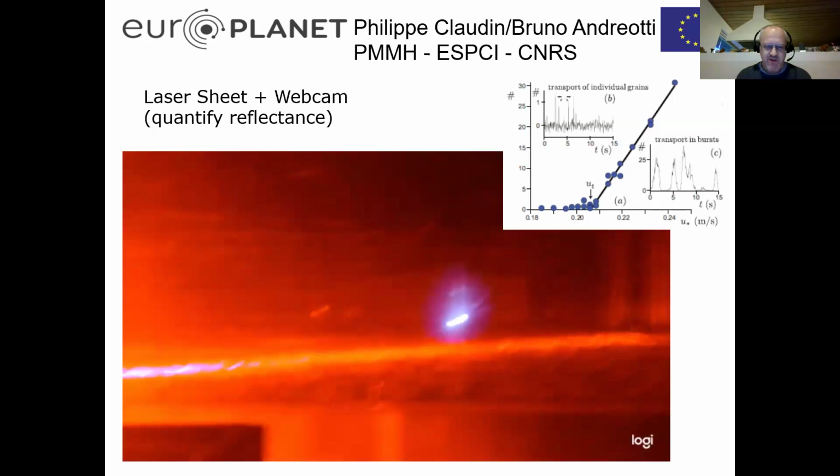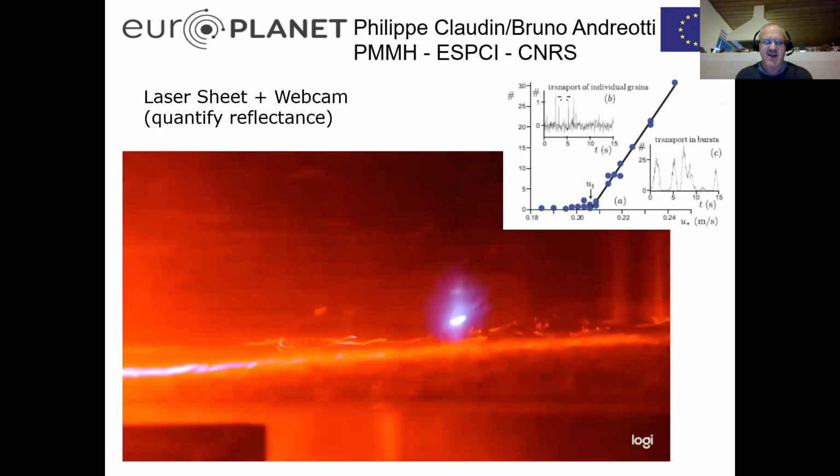So this is a movie taken with one of our webcams in the wind tunnel while it's running, and a very cool technique that Philippe and Bruno developed was a new way of determining the saltation threshold friction velocity.